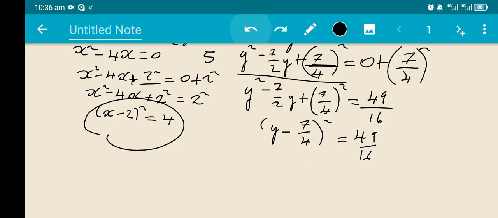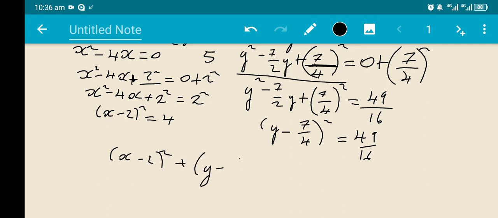Now what we're going to do is just combine them. So let's say we just add them up. So we say x minus 2 squared plus y minus 7 over 4, then we square them, should be equal to 49 over 16 plus 4.